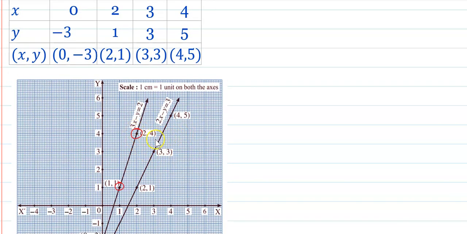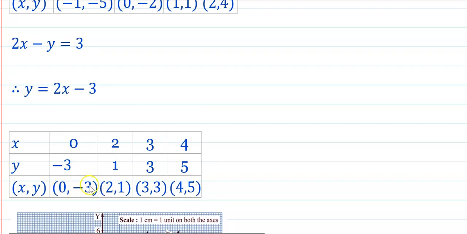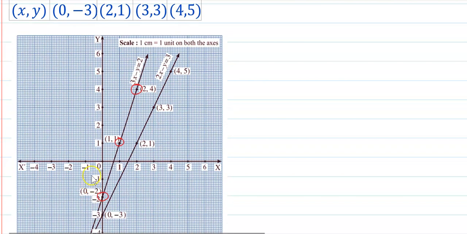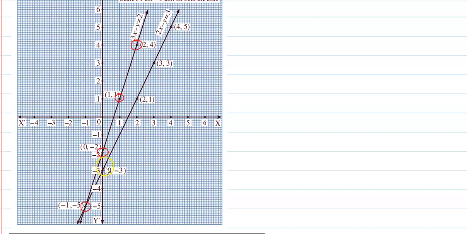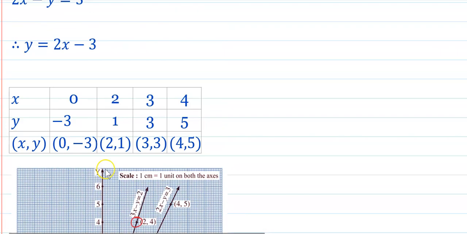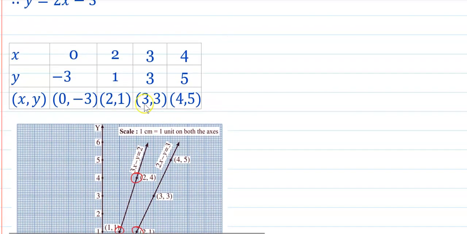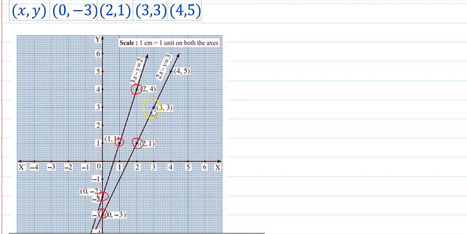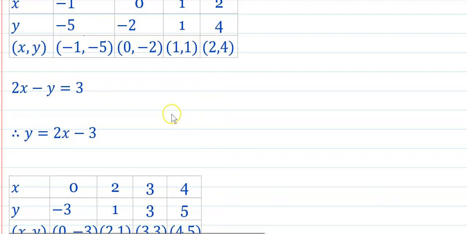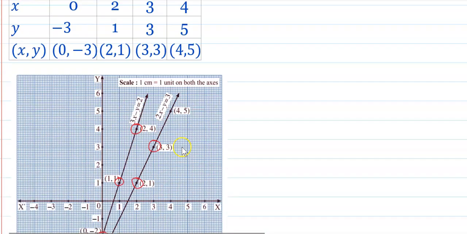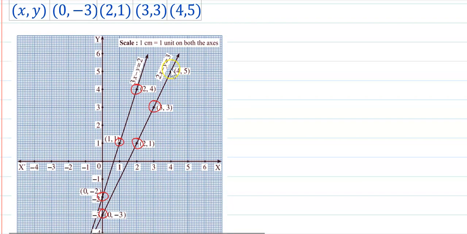For the next, (0, minus 3), x is 0 and y is minus 3. (2, 1), x is 2, y is 1. (3, 3), x is 3, y is 3, and the next (4, 5), x is 4 and y is 5.